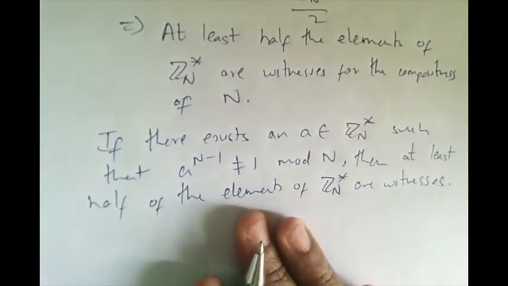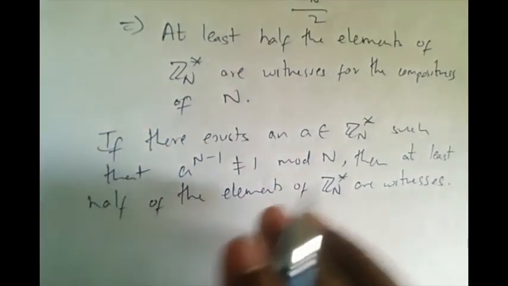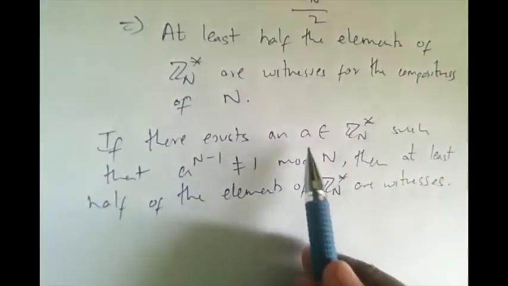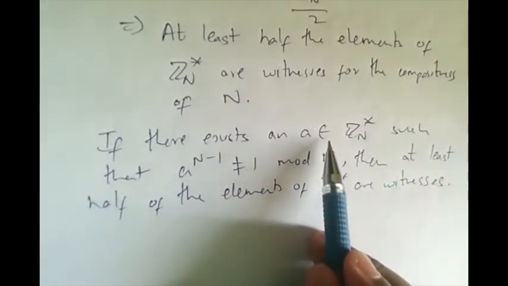Okay, so that's great. That's a good test for primality if there exists an a in Zn star such that this is true.